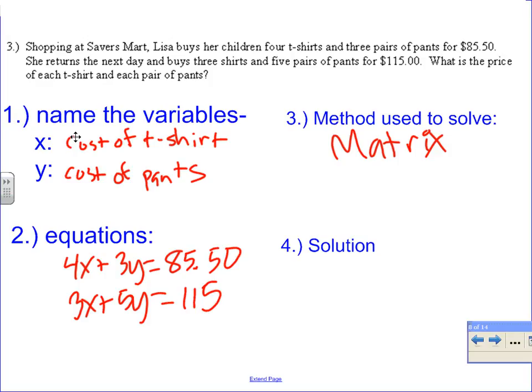This one you'll get decimal answers for both of them. You're off a little bit. 4, 3, it should be 85.50. Not 85, that's why. Is this your answer? You're off a little bit. I typed one thing in wrong.